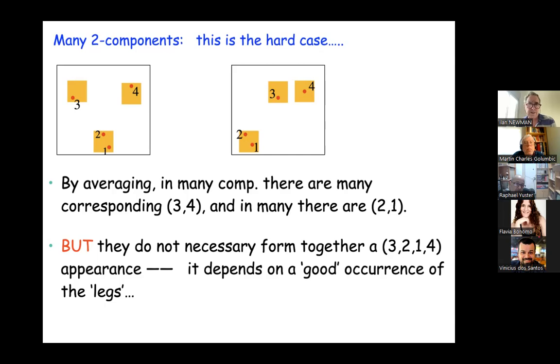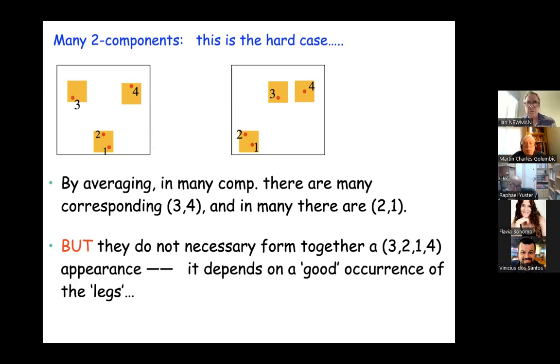So the comment here is, by averaging, just as before, there are many components that contain a 3 and a 4. And there are many components that contain a 2 and a 1. And possibly they could be glued together, but possibly not. So it's not enough to find a 3 and a 4 or a 2 and a 1 in every component or both.